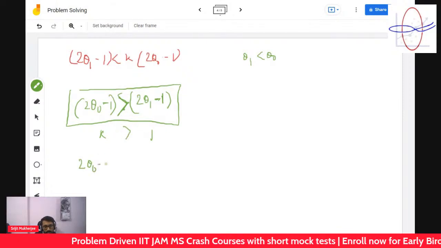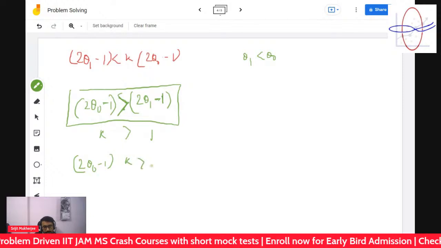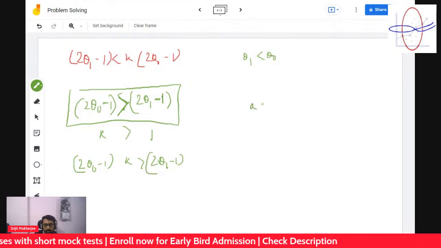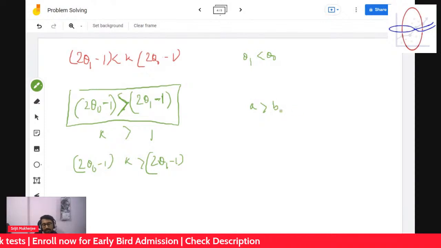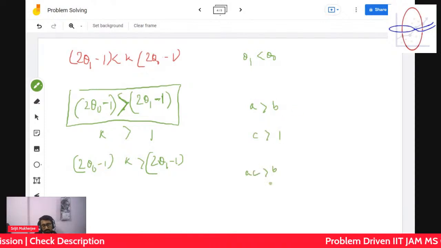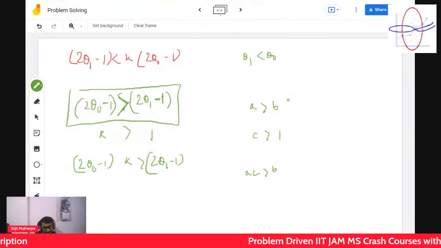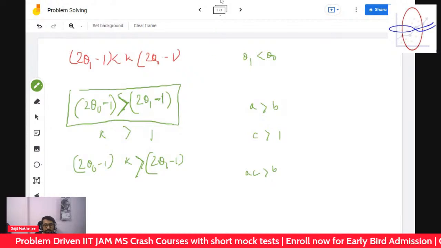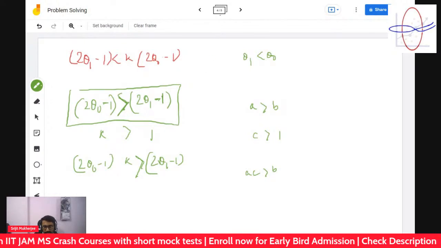So 2 theta naught minus 1 times k must be greater than this, right? If A is greater than B, A can be negative or positive, and there is a C greater than 1, then AC is greater than B, right? This is true, and this is basic mathematics going on.